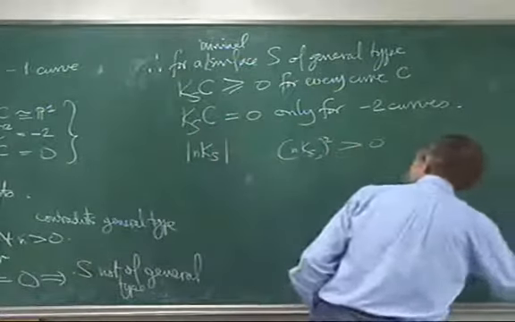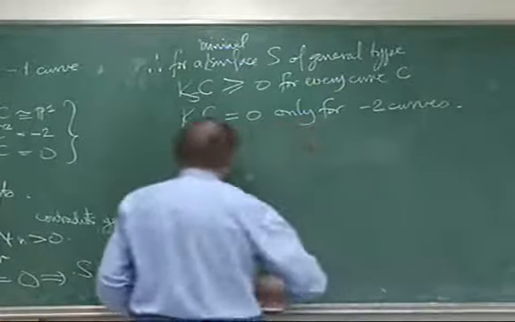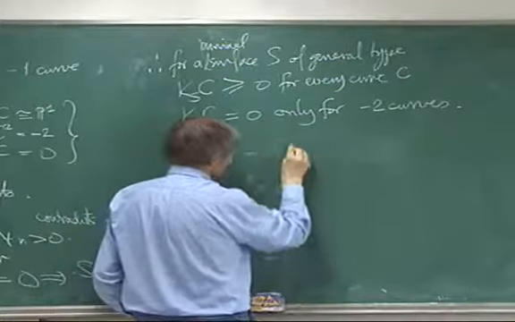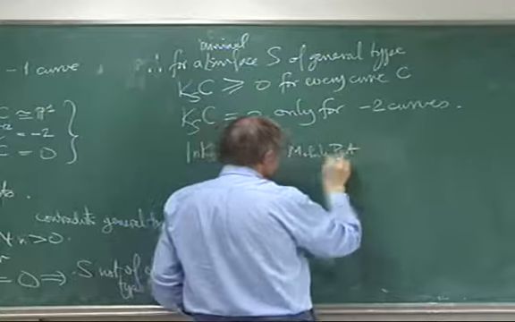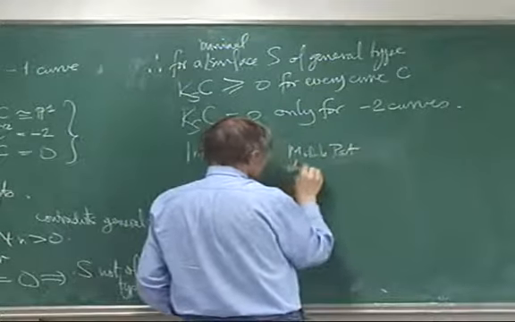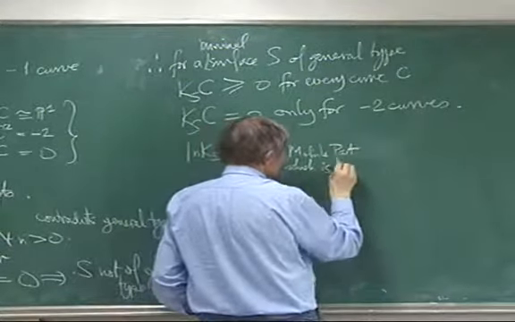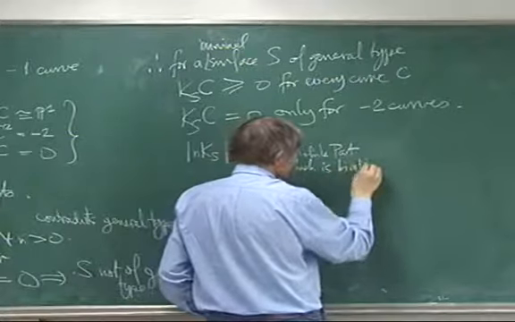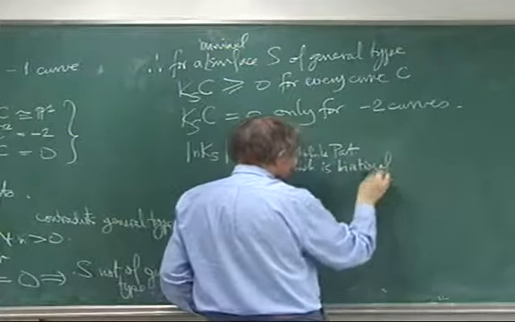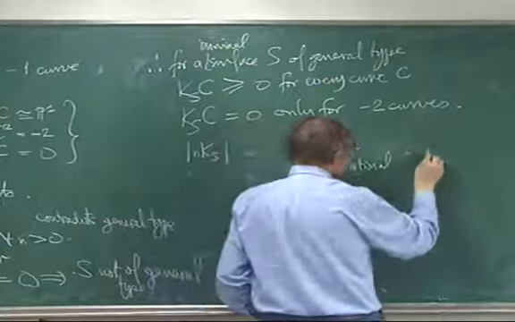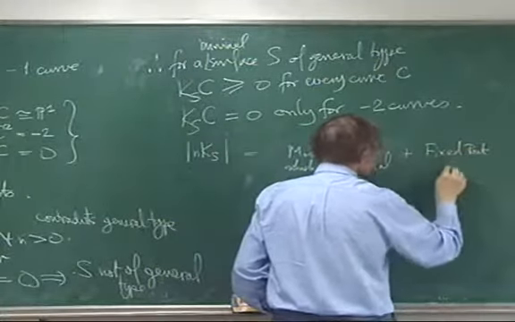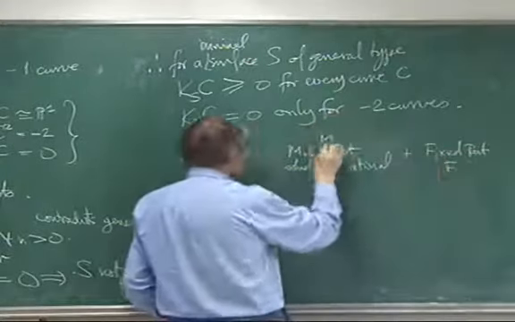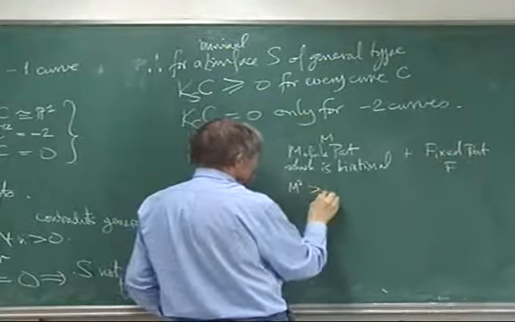If this is a mobile part, which is birational, plus fixed part F, then I've got to have M squared greater than 0.